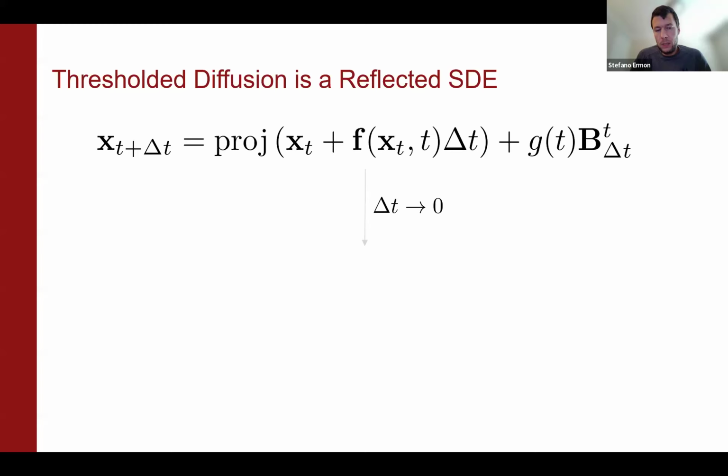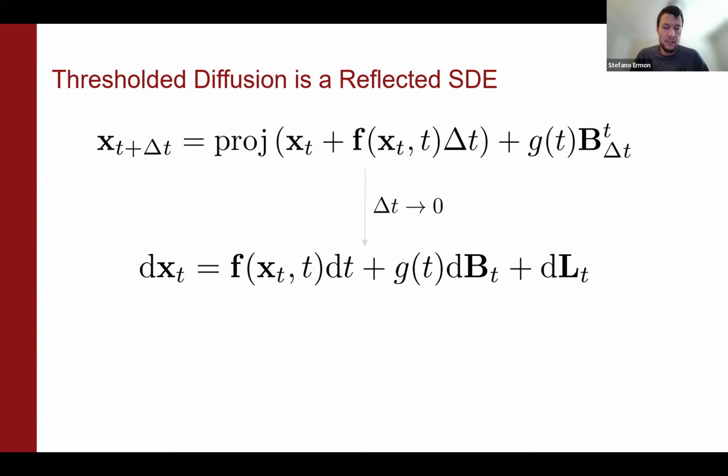In particular, as you make the discretization time go to 0, this process of constantly projecting the trajectory back into the known domain space corresponds to a new stochastic process where there is a boundary condition and the samples can never go below this boundary.